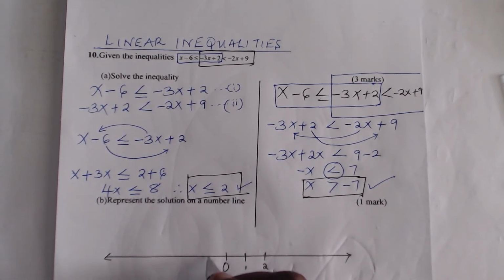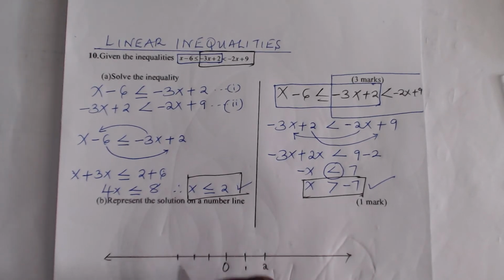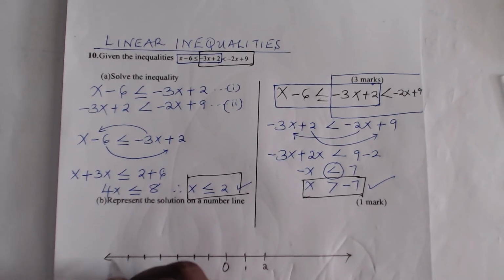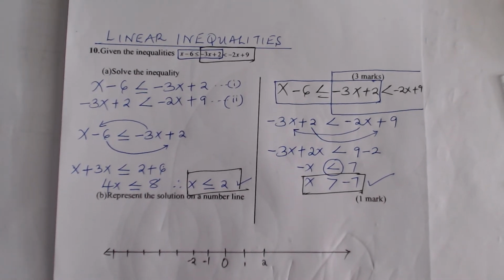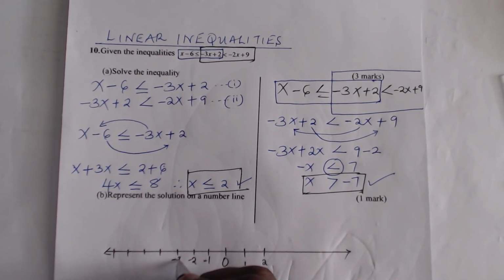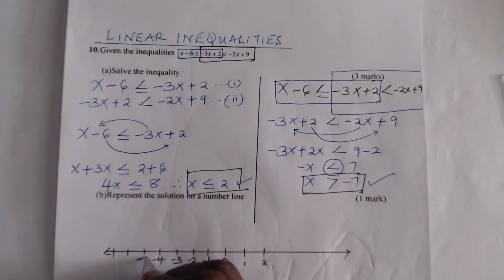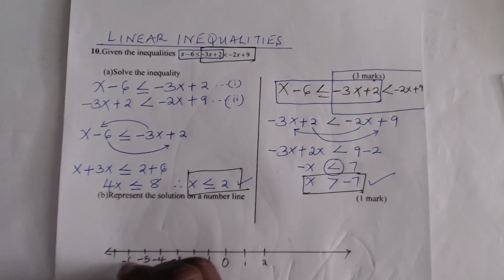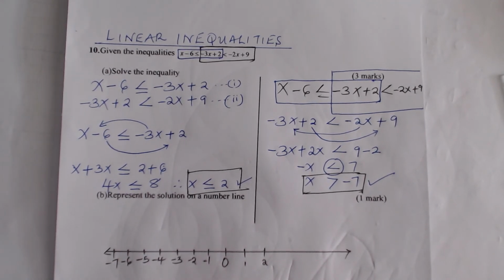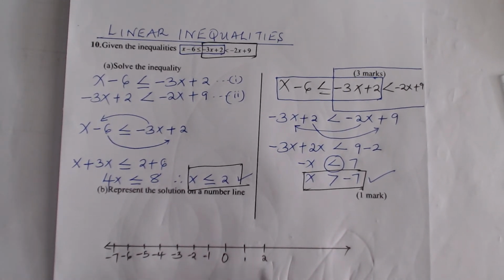Then -7 on this side: -1, -2, -3, -4, -5, -6, -7.